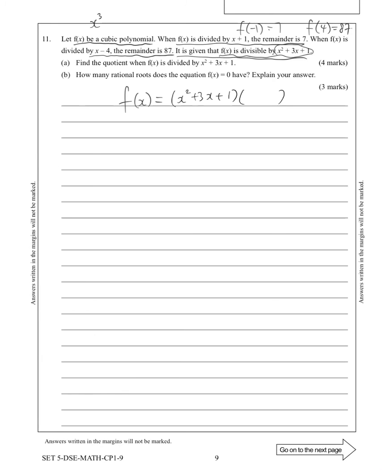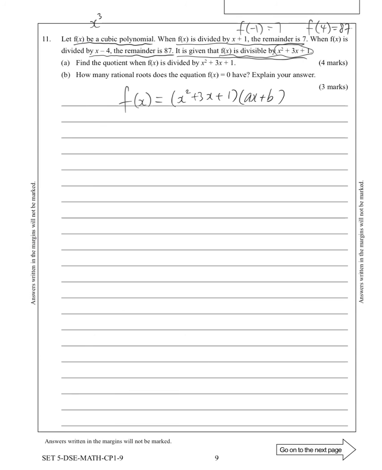And since f(x) is a cubic polynomial, so x to the power of 3, and since the power on the divisor is only x to the power of 2, it means there is still an x term left that would need to be there to make it a cubic polynomial. So for that reason, we have to multiply an x term to it. And when we do so, we don't just multiply the x term, but also any terms that are lower than the x term, which is the constant term.